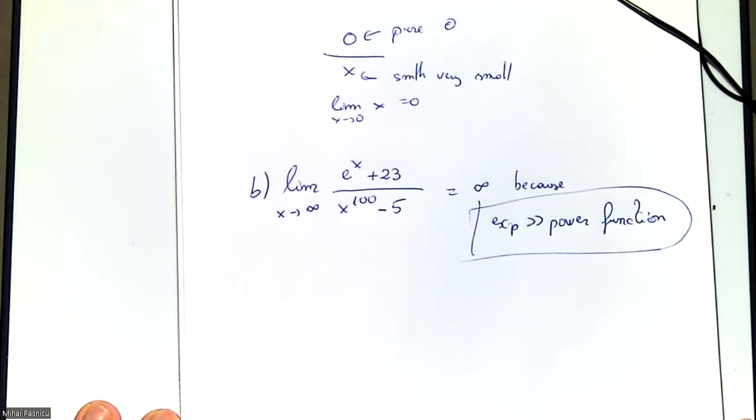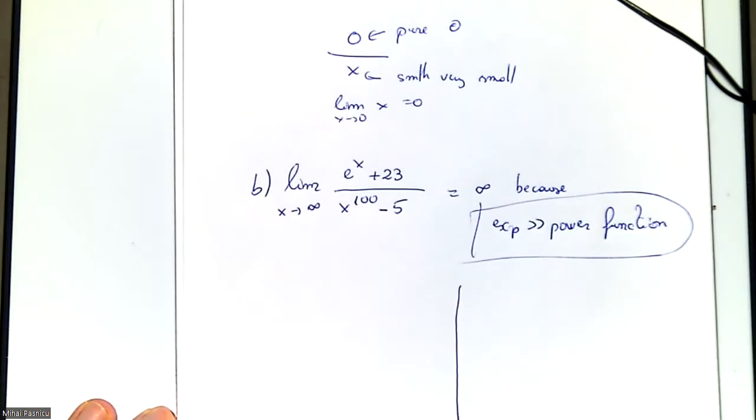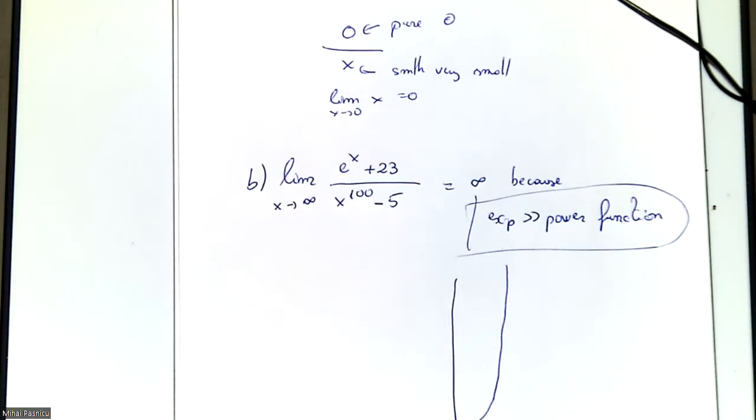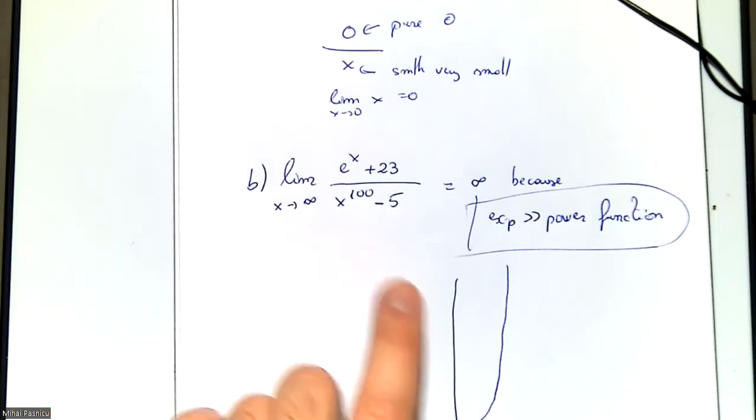If you graph a power function and e to the x, at some point e to the x just becomes a vertical, increasing function. It grows absurdly fast. You can give me x to any power you want, and it's not going to go as fast as this. That is the intuitive argument.